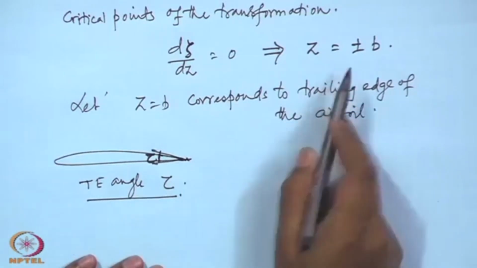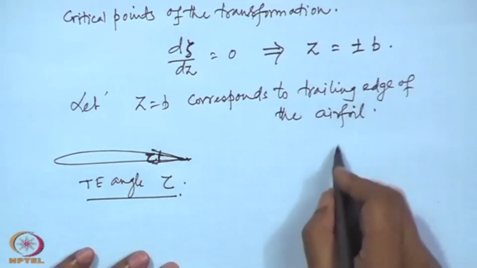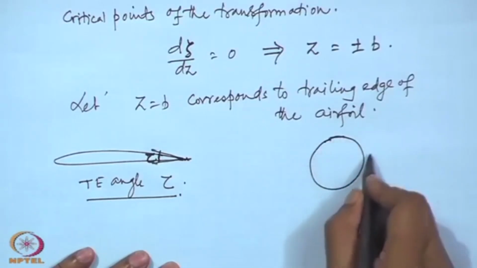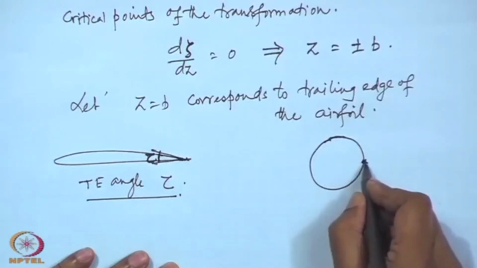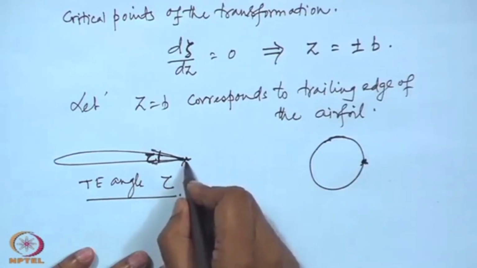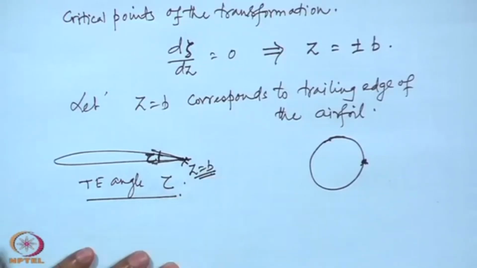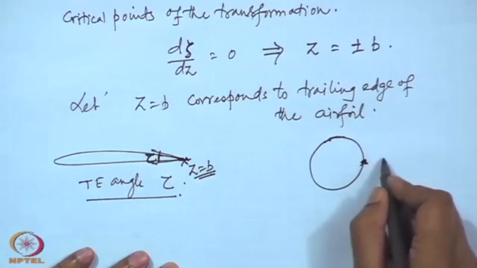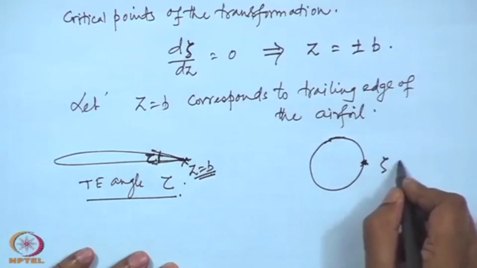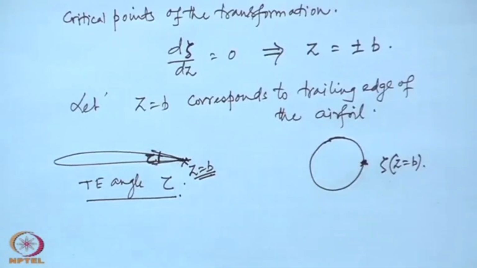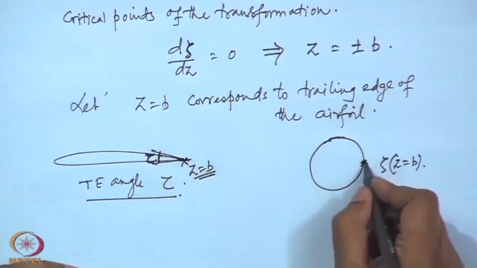This is the point which corresponds to z equal to plus b. On the transformed plane, this must also correspond to some point on the circle. So, let us say this is the corresponding point. This is z equal to b in the z plane, and in the zeta plane it corresponds to some point. So, how much is this trailing edge angle tau?